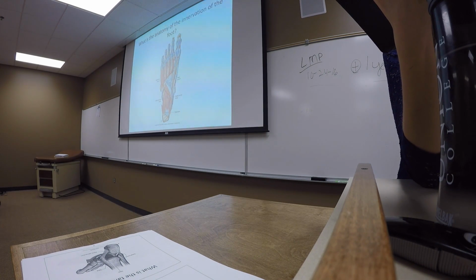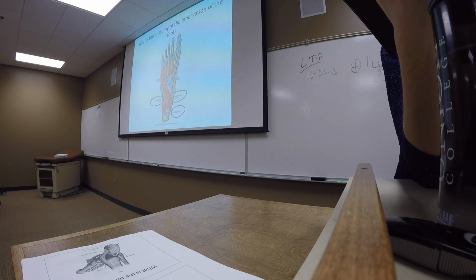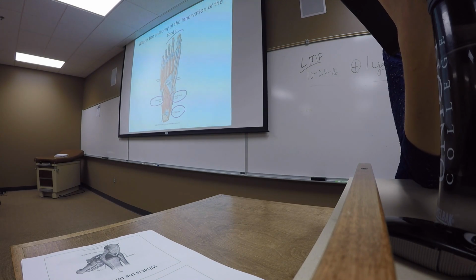All right, so innervation of the foot. We have the tibial nerve coming through the tarsal tunnel. It splits into the lateral plantar nerve and the medial plantar nerve. The medial plantar nerve supplies the medial 3 digits, as well as portions of the sole of the foot.